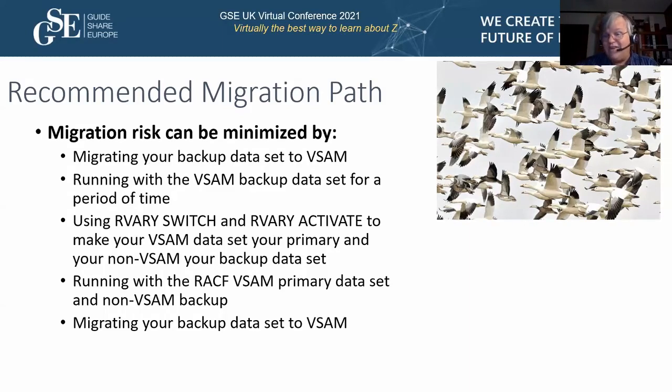That makes your backup inactive, and you do the RVARY ACTIVE for your backup at the same time. So now you're running with a VSAM primary and a non-VSAM RACF backup database. Run with that for some period of time, then migrate that backup data set to a VSAM environment, and then you'll be VSAM. There are some naming conventions that we'll talk about in a moment.